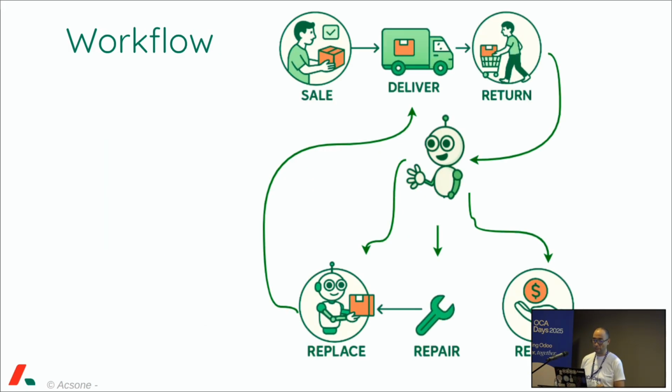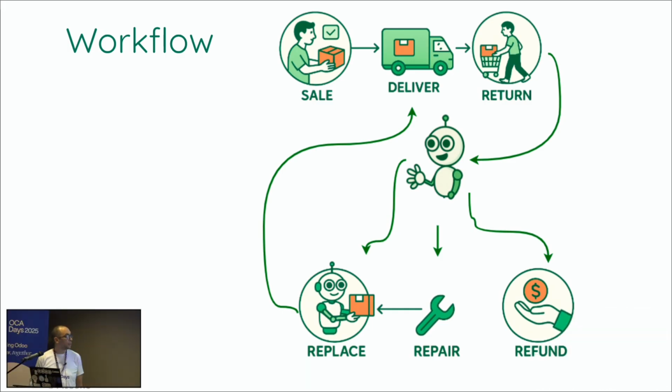So this is a typical workflow. We start with a simple sale, then the delivery, and sometimes products are returned by the customer for various reasons. And here the RMA module steps in to be the decision maker, helping the operator decide what to do in this case.